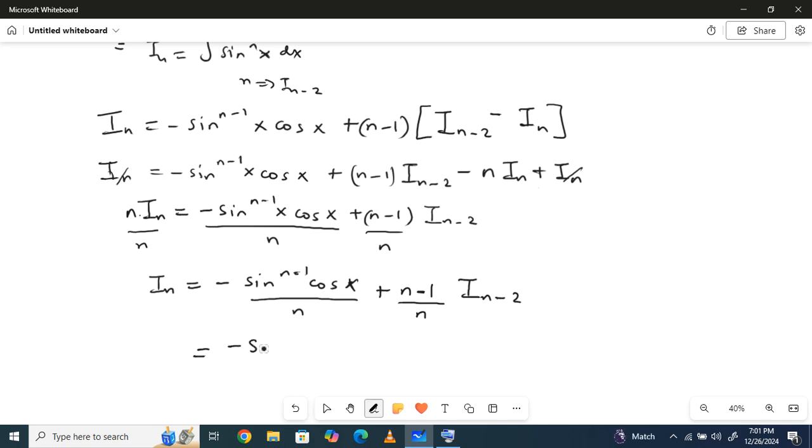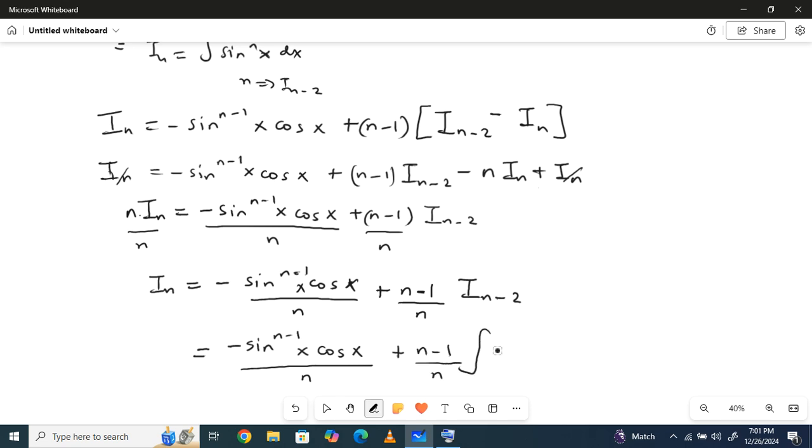You can as well decide to replace the I n minus 2. We have an x here, but it's to power n minus 1, so let's just delete that and get it the correct way. We are going to have minus sine n minus 1 x cos x over n plus n minus 1 over n.